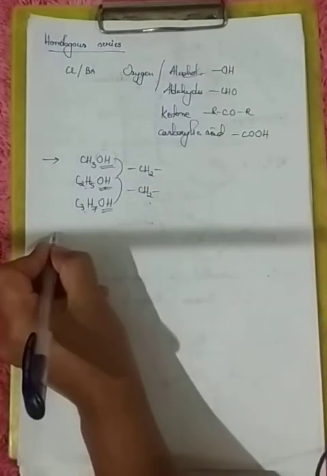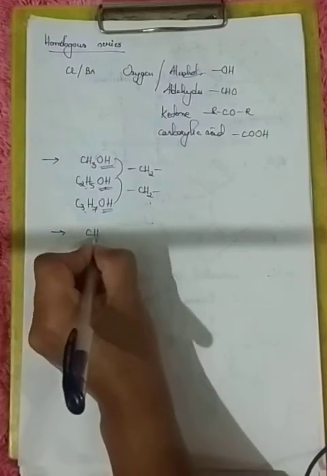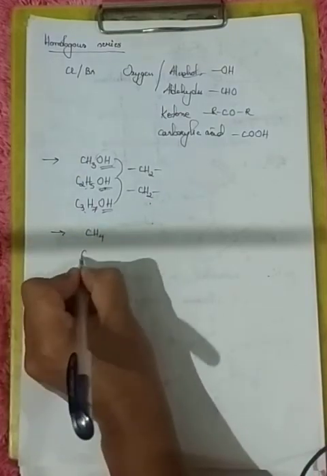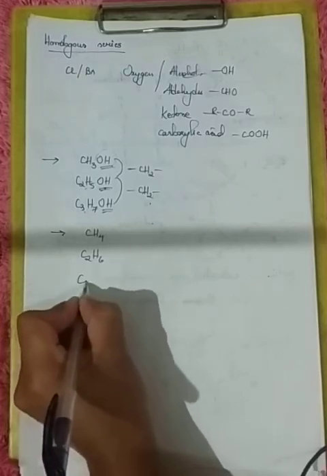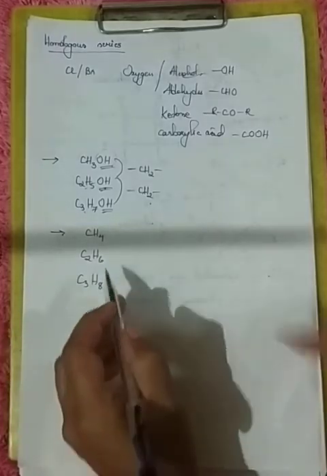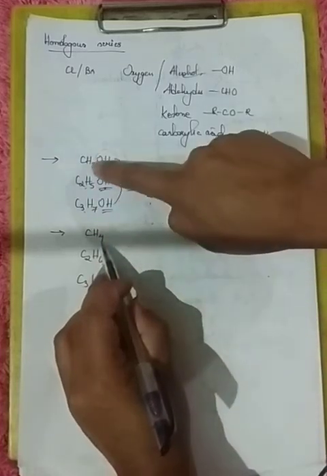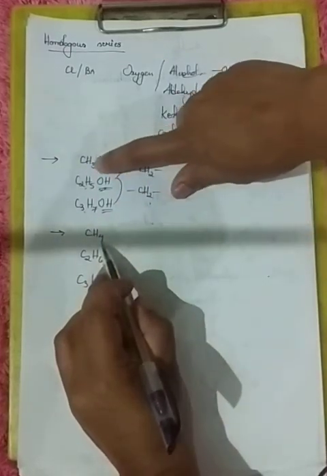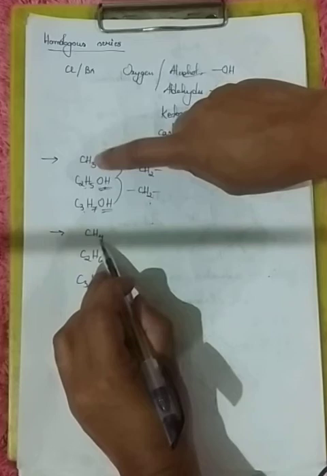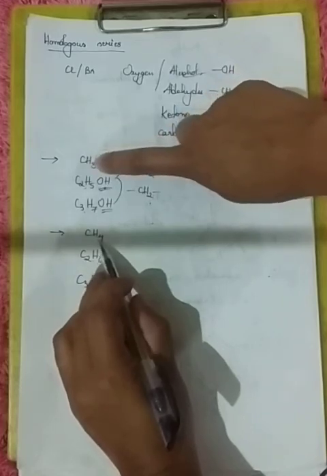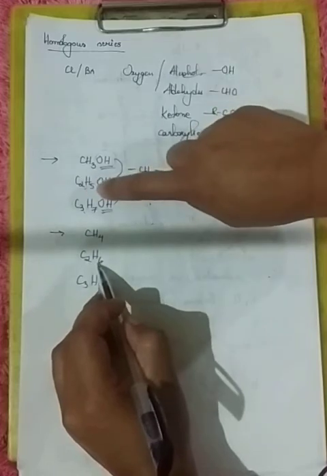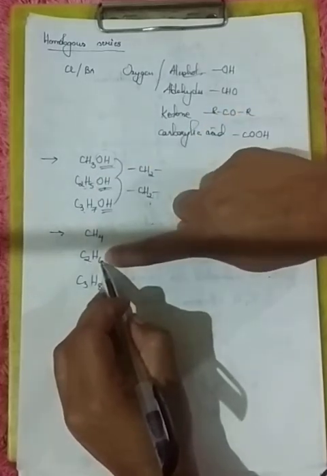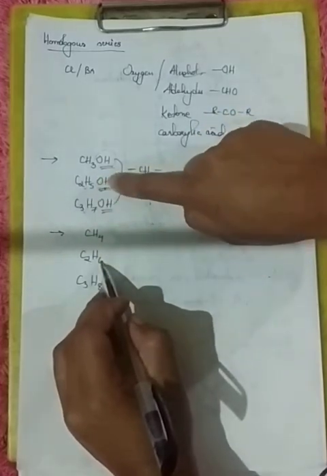Now we can take another example also. Here we have CH4, and how about C2H6, and C3H8. Here we have CH4, and here only CH3, where one of the hydrogen atoms is replaced by OH. Here it is C2H6, and the hydrogen count becomes H5 because one is replaced by OH.